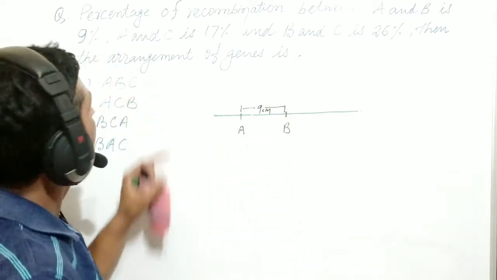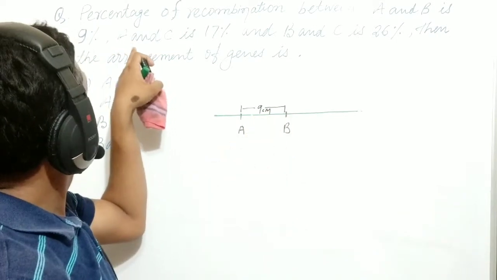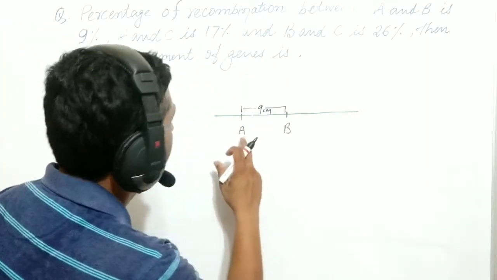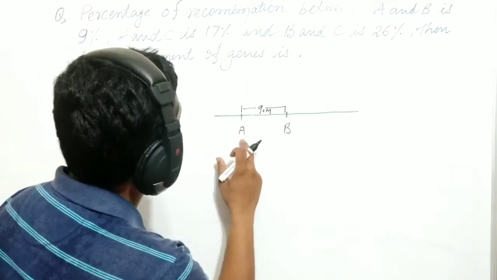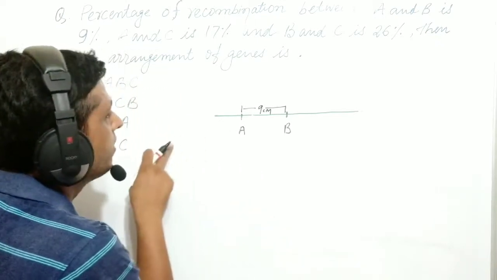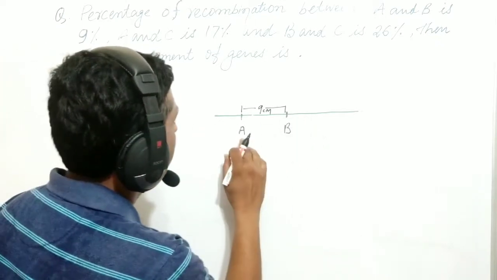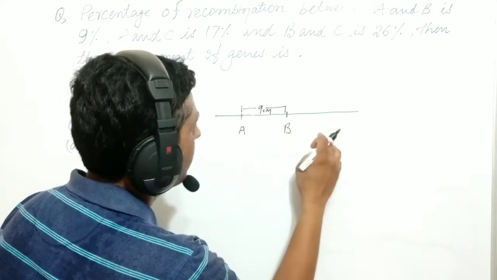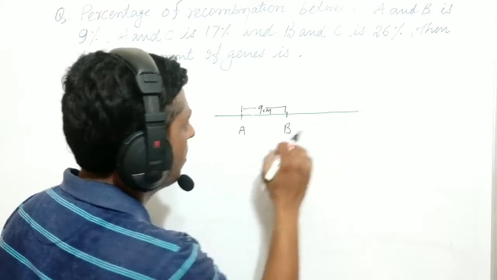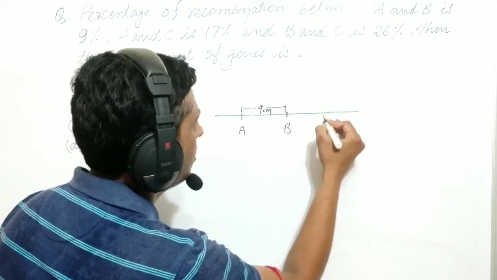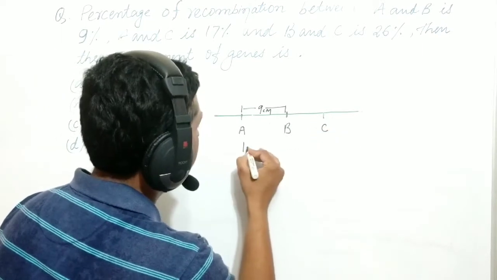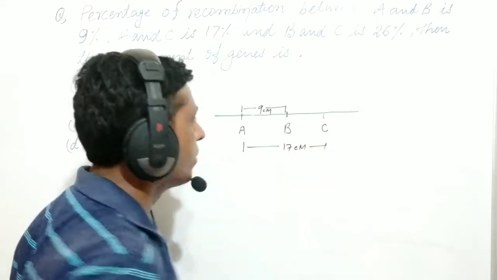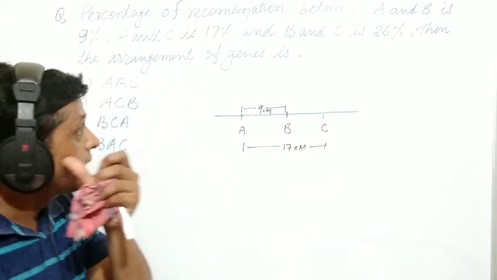Now the distance between A and C is 17%. Suppose you write C somewhere here, and this is 17 centimorgan or 17 map units.